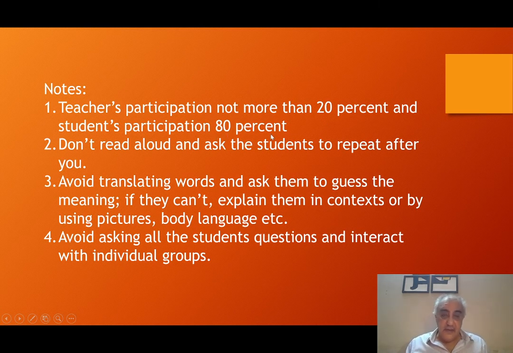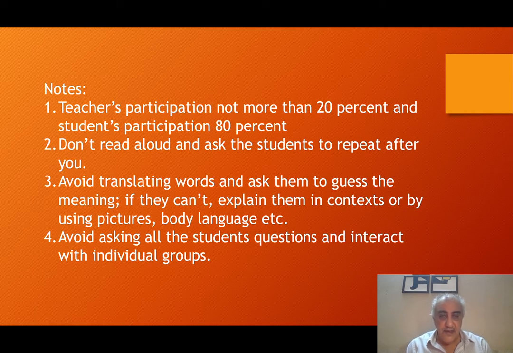As I told you, this is the communicative approach, and since we are talking about the communicative approach, the main job supposed to be done by the students, not by you. Okay, you have to remember this. I mentioned this more than one time, but I think it is something a little bit difficult because it does not go with the classical method that is used these days in schools.